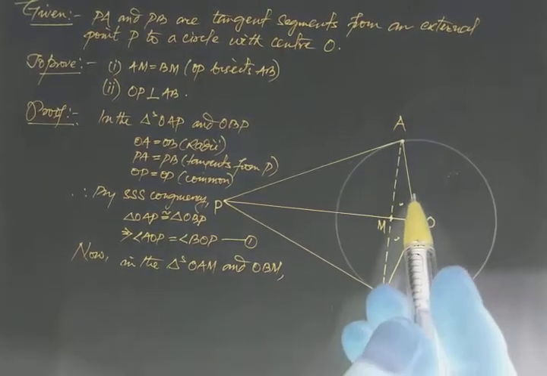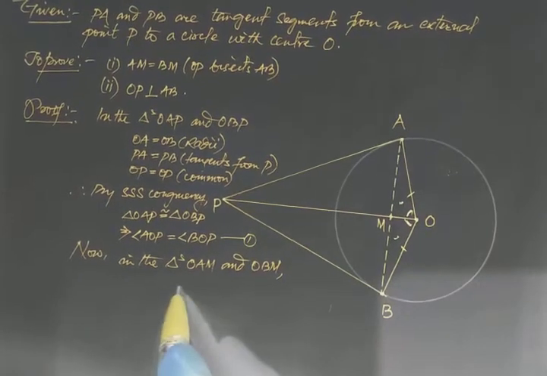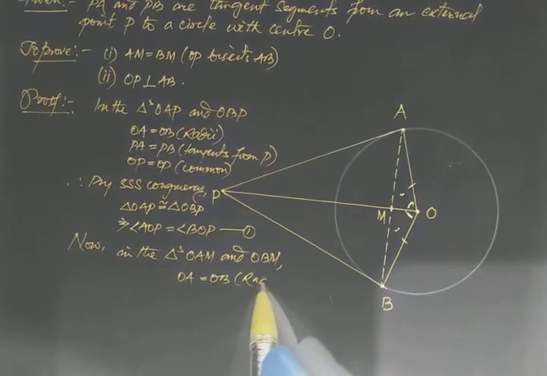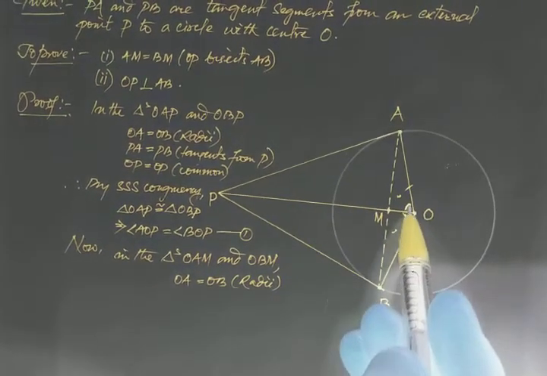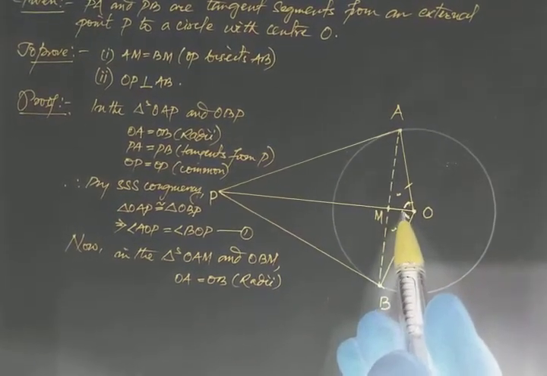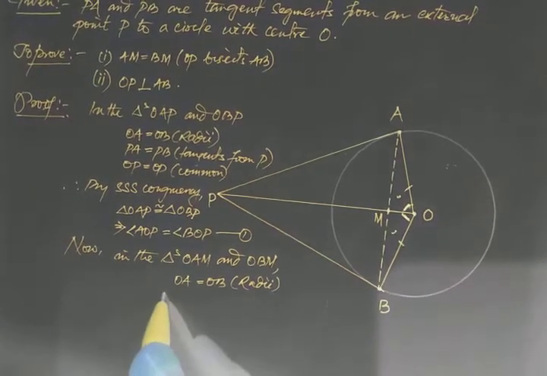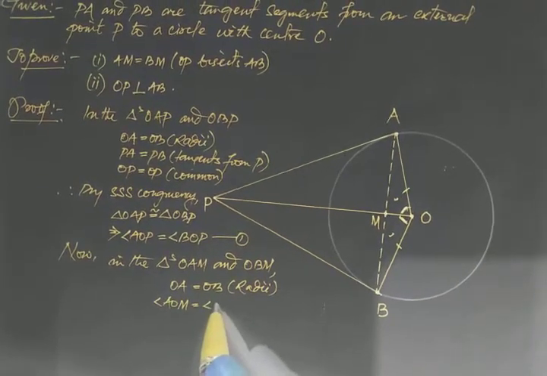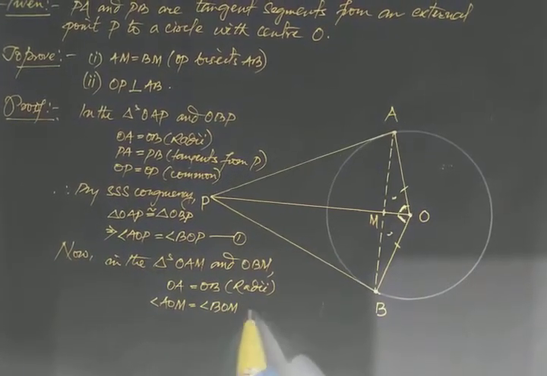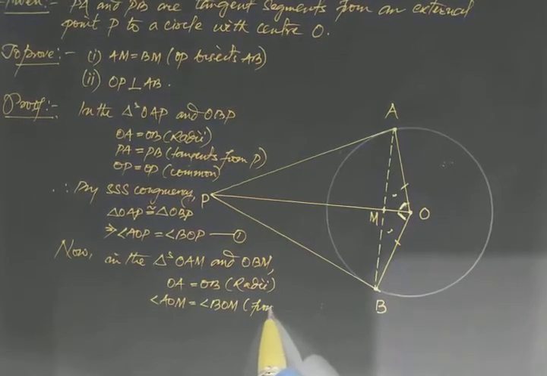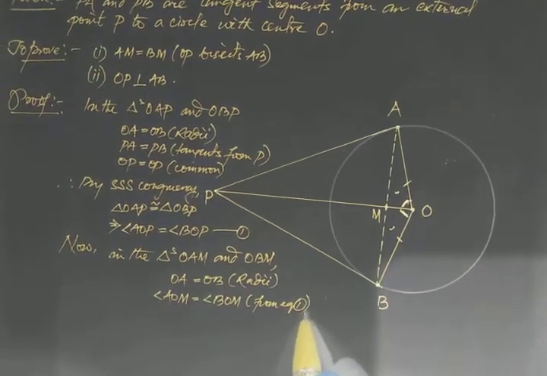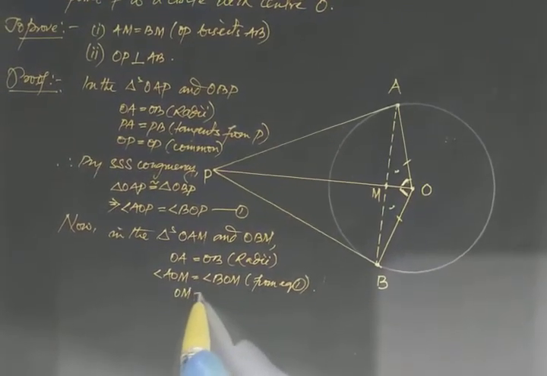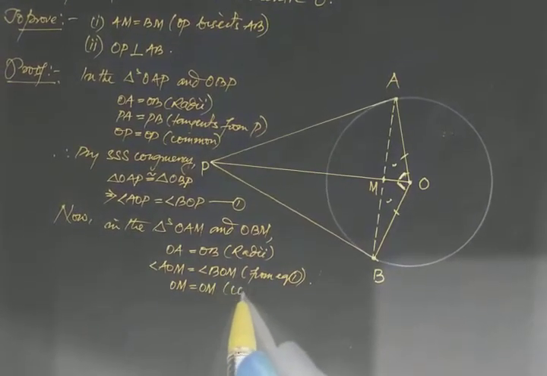first OA equal to OB, same thing again, radii of the same circle, and what we have just got in equation 1, angle AOM equal to angle BOM, from equation 1, and then OM equal to OM, which is common side.